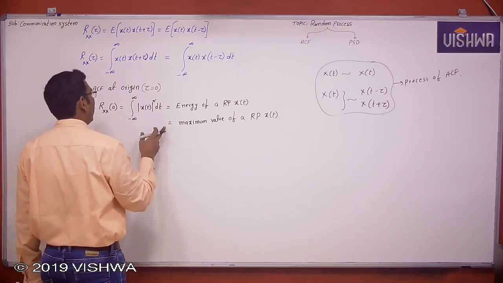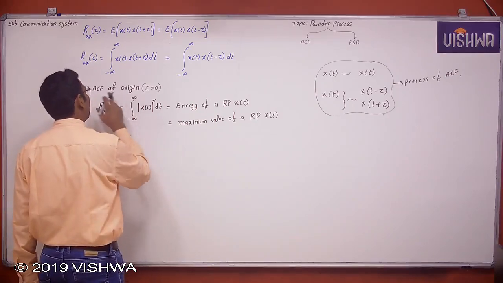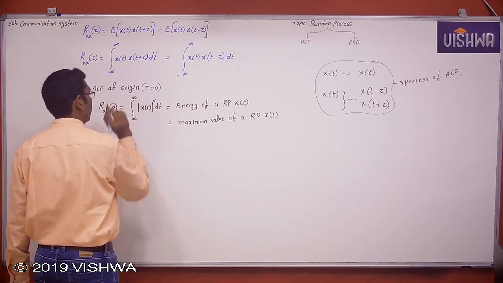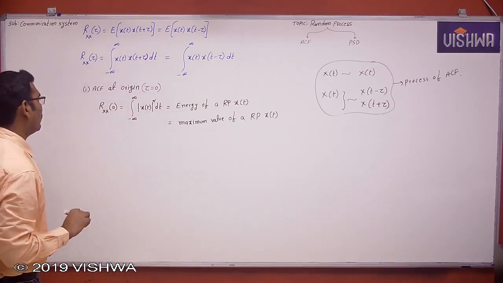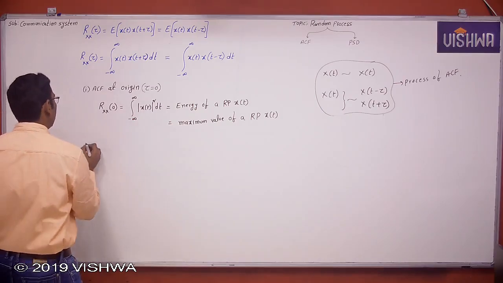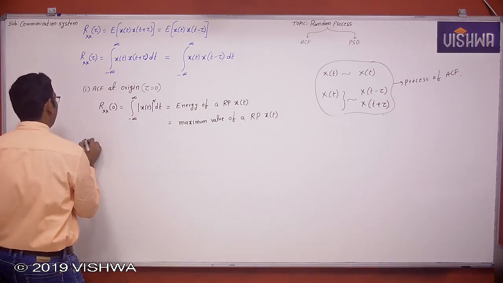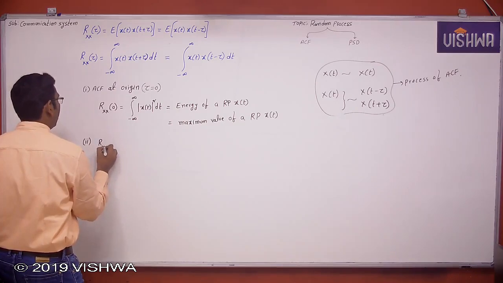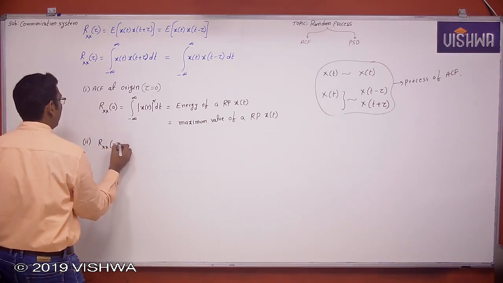So the maximum value of autocorrelation function occurs at origin. Now this is the first similarity, and the second similarity is, if you observe, Rxx of minus tau.